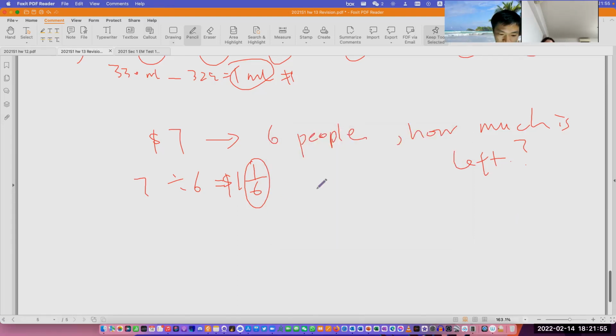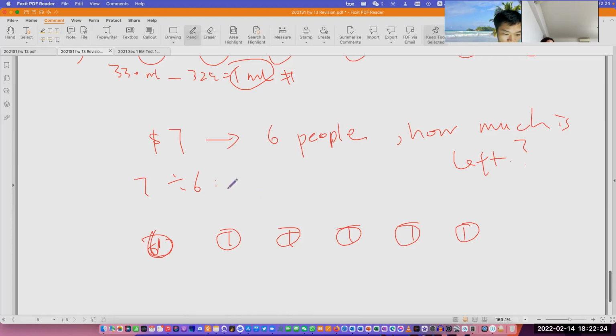So basically, the way to do this question is this. Remember the approach. The most important thing is not so much the answer, but the approach. You have $7, you have 6 people. So what you do is 1, 2, 3, 4, 5, 6. Each one gets $1.